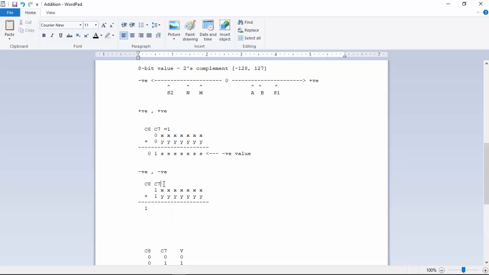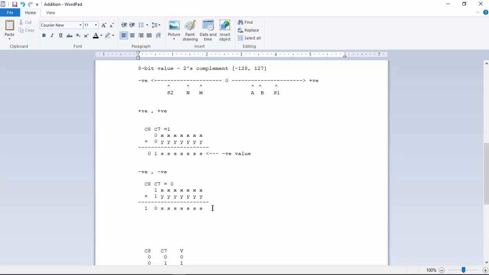Now let's say C7 is 1. So 1 plus 1 is 1, 0, plus C7 which is 1, gives 1. That means the sign bit is 1 and some bits, which is okay, right? Two negative number addition, I expect a negative quantity. Fine, it is not an overflow. Now if C7 is 0, then 1 plus 0 is 1, and the summation sign bit becomes 0.